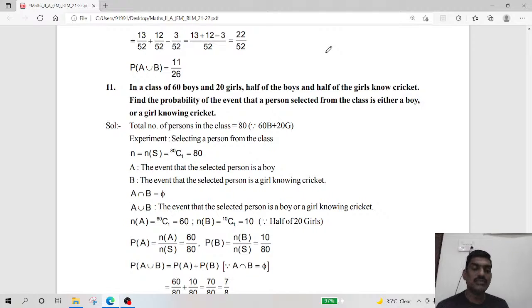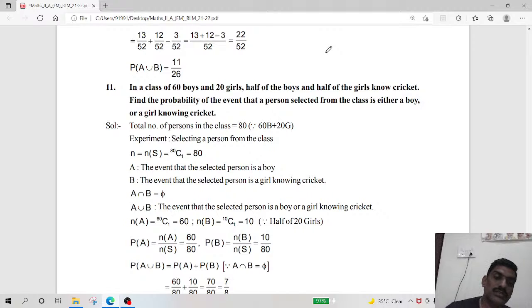One student is selected from 80 C 1. Event A is that the selected person is a boy, event B is that the selected person is a girl knowing cricket. Intersection is empty, union is 60 C 1 for the boys, and half of the boys gives 30 C 1 knowing cricket.